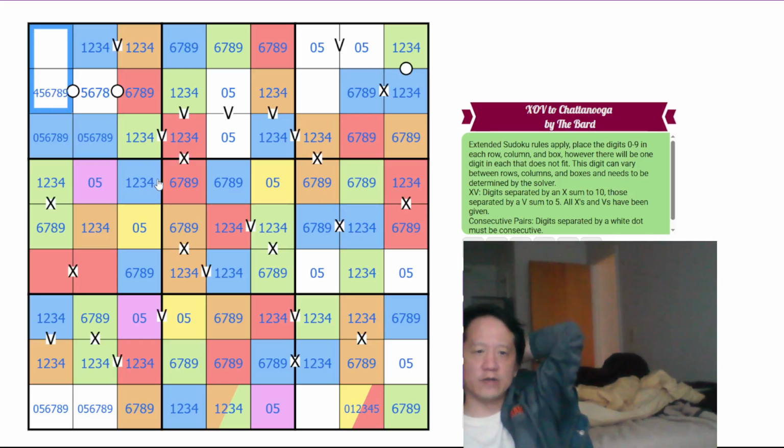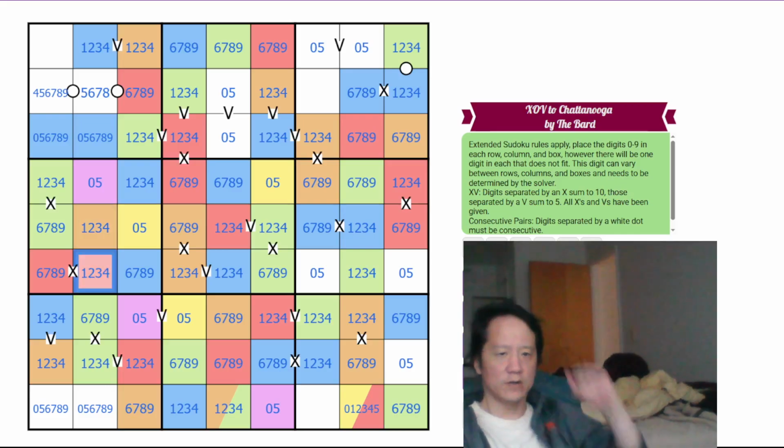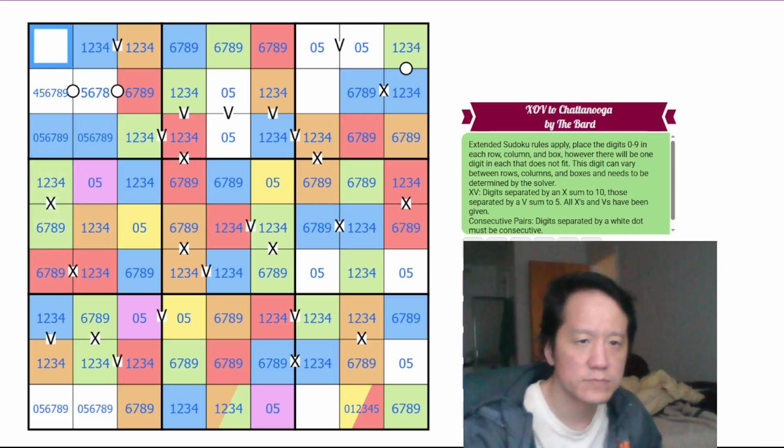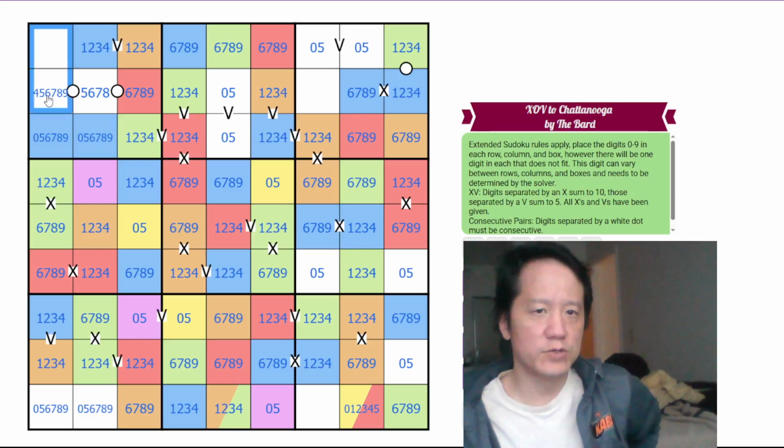Oh, actually, there is a guarantee. We don't have a high green in box 1, and that's a digit that's missing. So there must be a low red somewhere in box 1. So it must be one of these, which means this is a high red here. This is a low red here. So low red's one of these two.